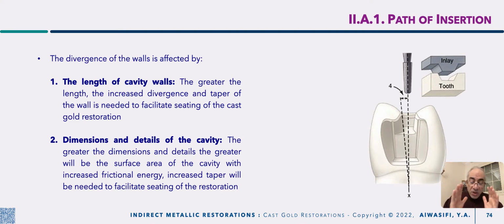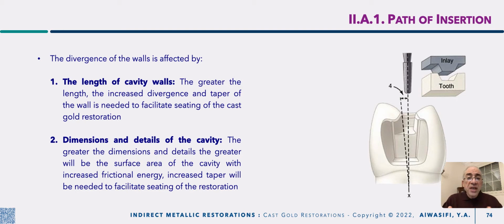Whenever also the details and dimensions of the cavity increase, you are in need to increase your taper to take the 8 degrees rather than the 5 degrees divergency from the long axis or from the path of insertion. Why? Increasing the details means increasing the chance for undercuts.